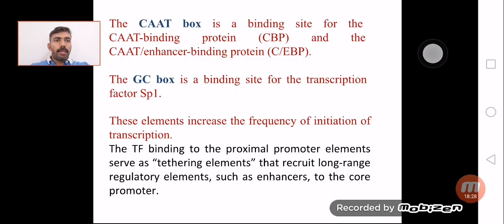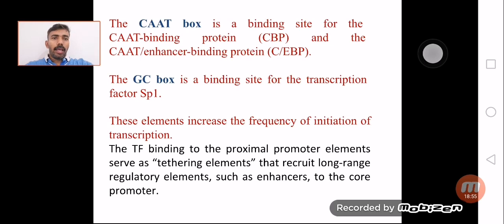The CAT box is a binding site for CBP, the CAT binding protein, or C/EBP, the CAT box enhancer binding protein. These are transcription promoting proteins that will promote the transcription efficiency, and the GC box is also a binding site for a transcription factor called SP1.